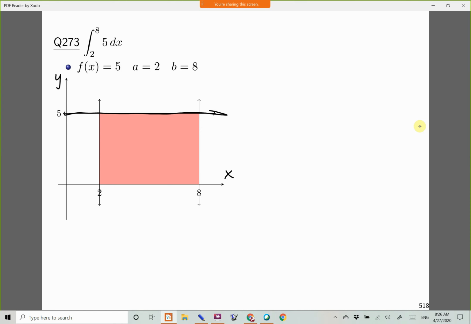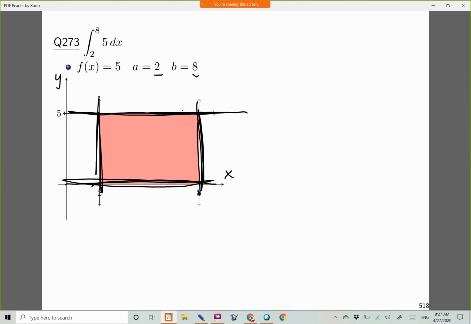Again, this graph is kind of a boring one to start. We'll look at more interesting ones later, right? But there's the graph of the function, that horizontal line. There's the x-axis, and then we're supposed to look between two x values, between x is 2 and x is 8. So that's x is 2, that's x is 8.